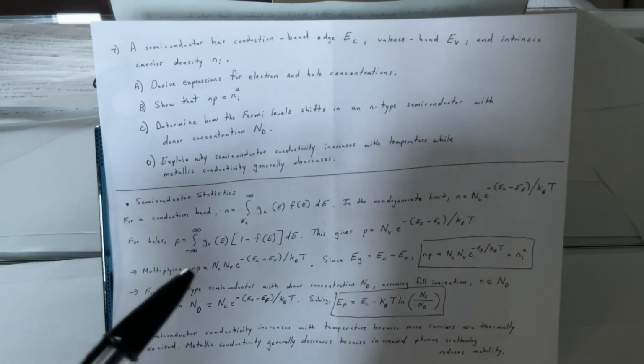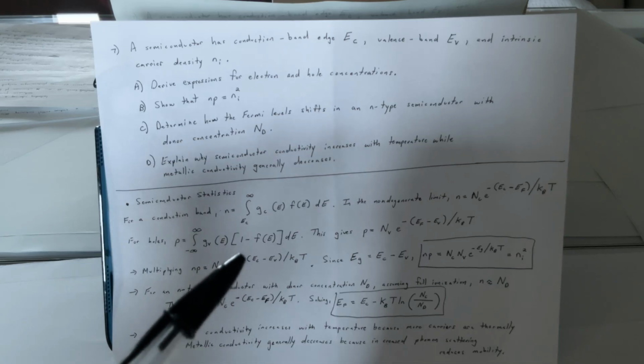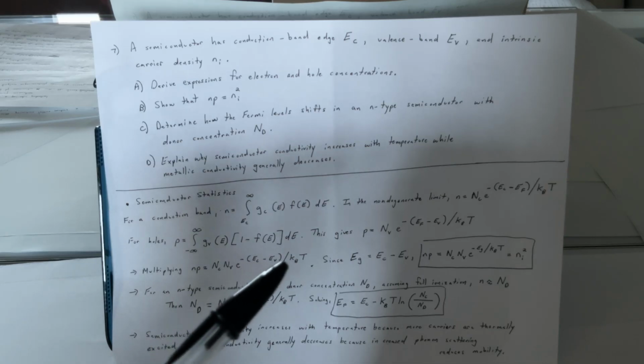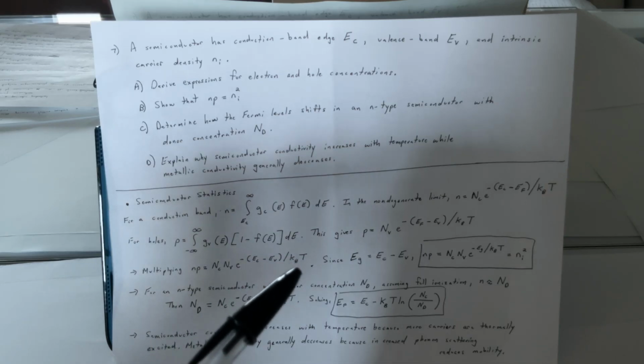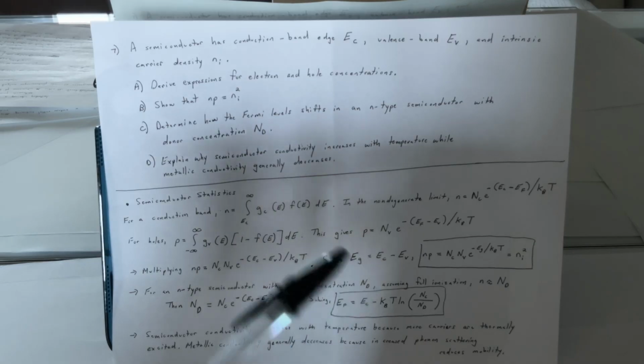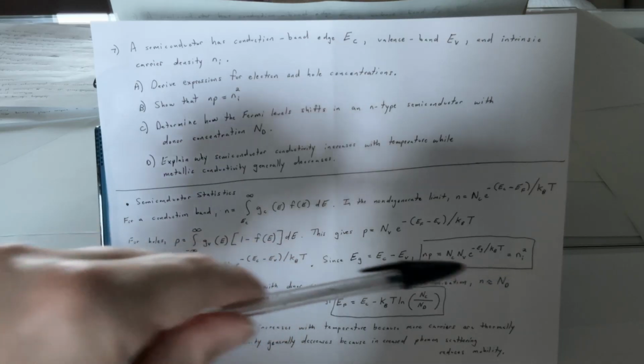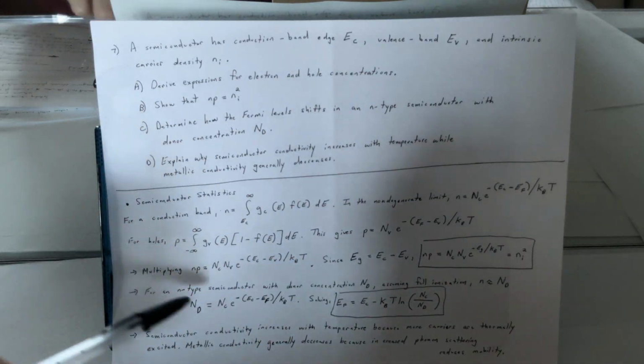Now multiplying, np equals N_C N_V e to the negative quantity (E_C minus E_V) over k_B T. And since E_G equals this, we could get np equals the following expression, just doing the computation here.